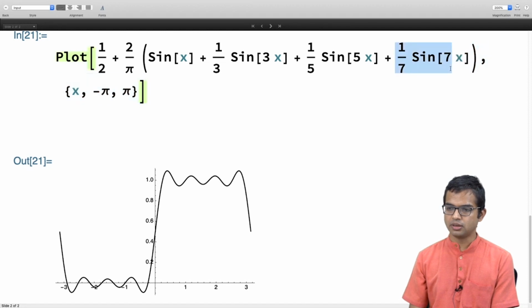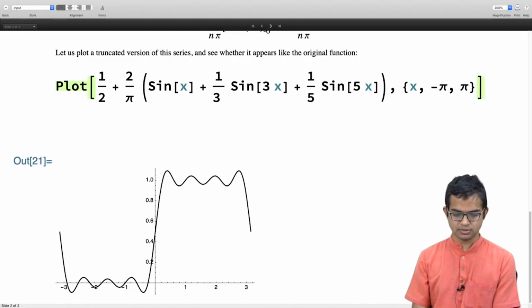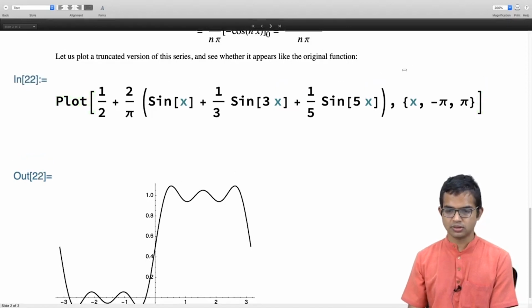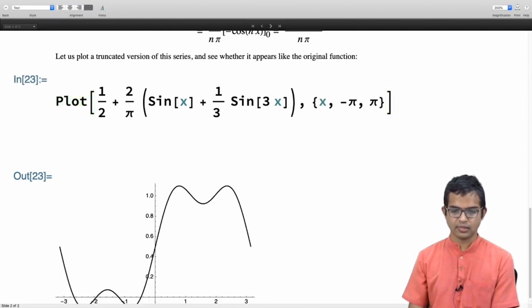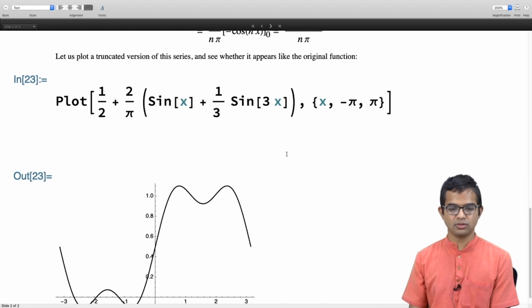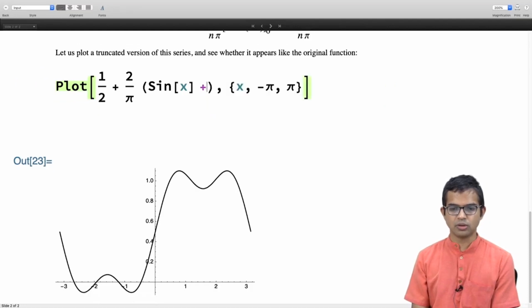It's already looking like the original function. Let's remove one more term. It's decent, considering that you have just kept 3 terms in this infinite series, and it's able to mimic your overall function. Let's see what happens if I remove one more term.